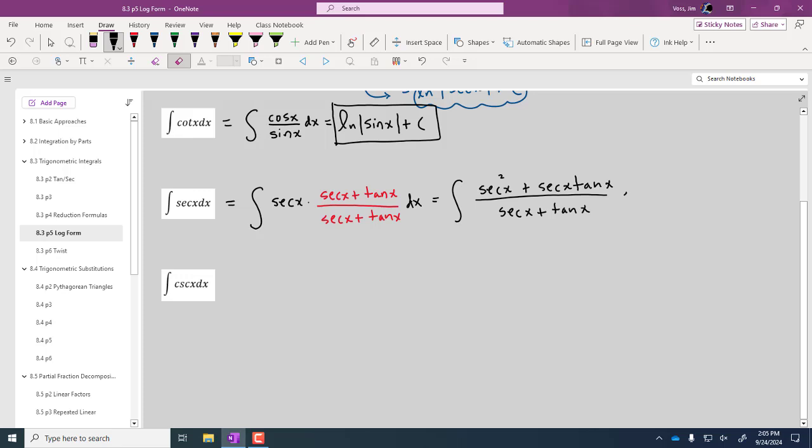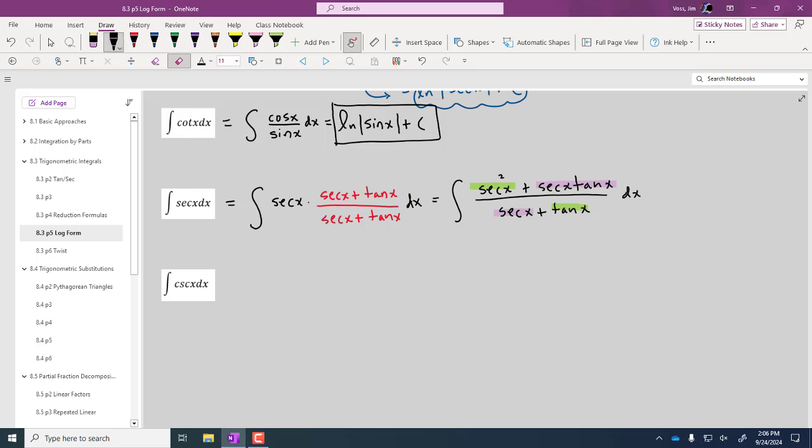Do you see that that's log form? For it to be in log form, the denominator's derivative needs to be the numerator. And if we take the derivative of secant, bingo, right there, there's its derivative, secant tangent. And if we take the derivative of tan, its derivative is secant squared. Now it is in log form.